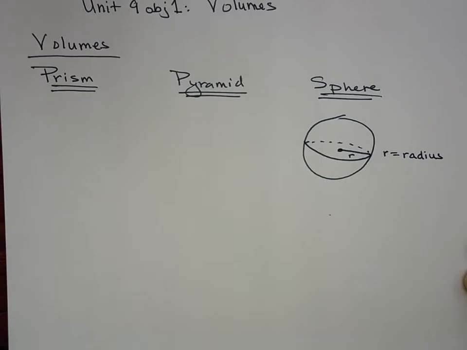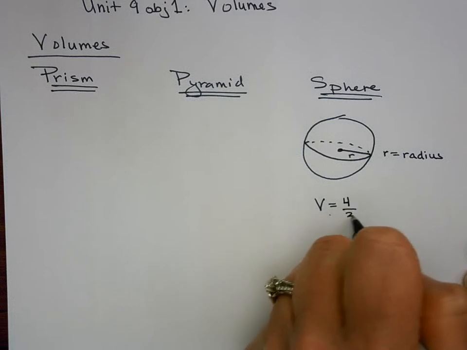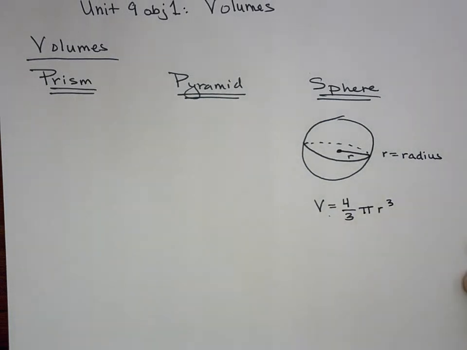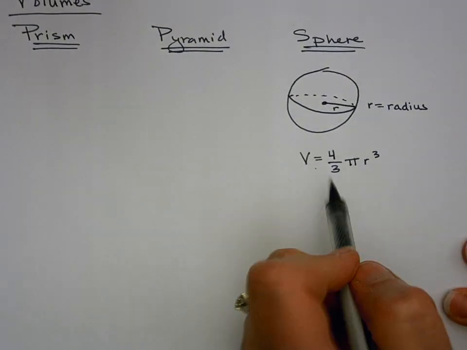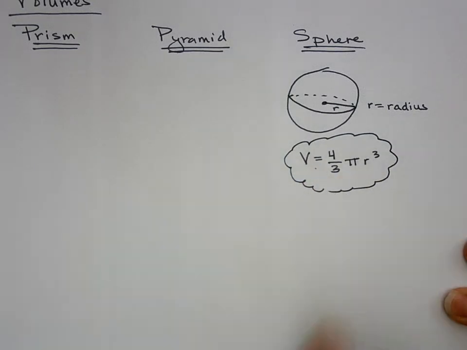And then that volume formula is 4/3 pi r cubed. Okay, so that is our volume formula. And so we're going to do two examples underneath that just to kind of make sure we get the idea.